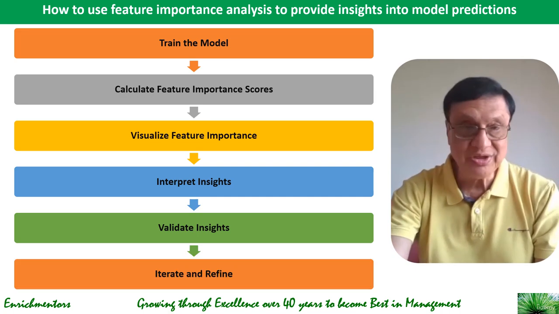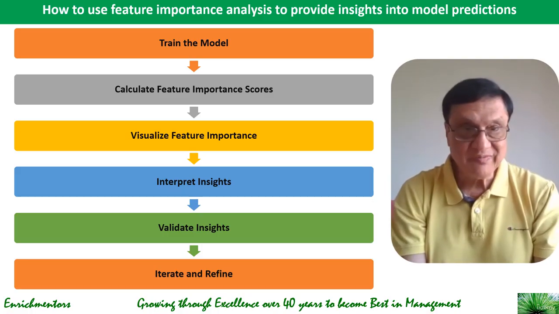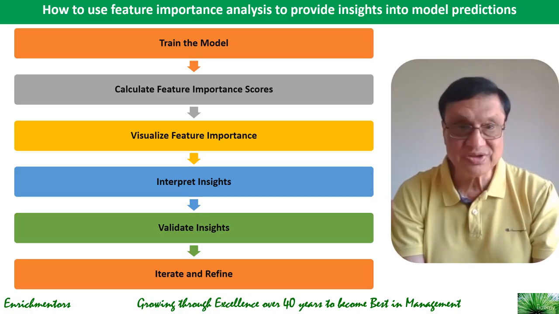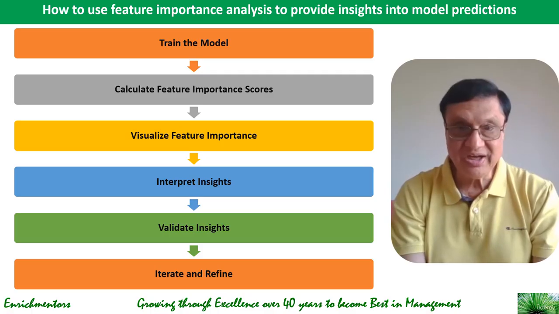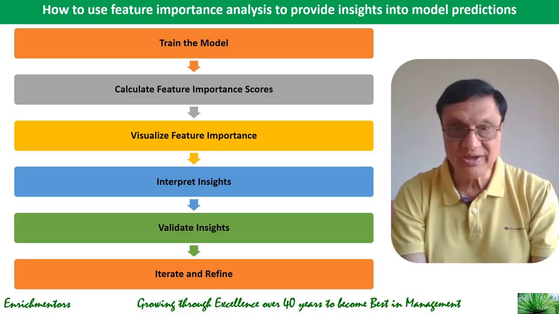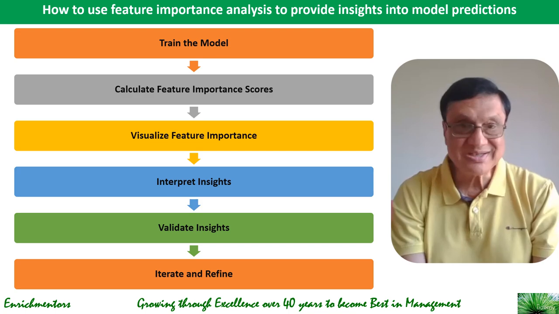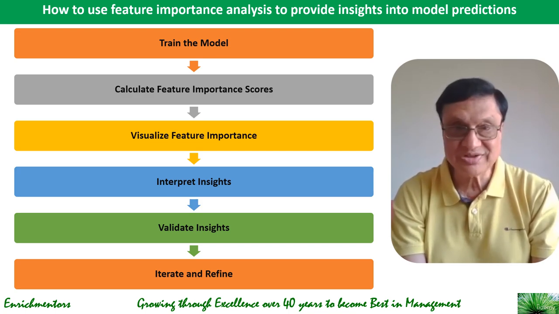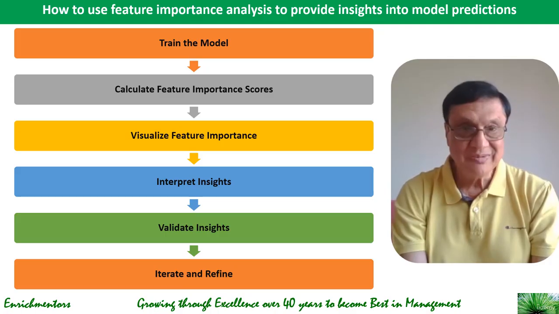And finally, you need to iterate and refine by using the insights gained from feature importance analysis to iteratively improve your model. This could involve feature engineering, which we will talk about in a separate section, selecting subsets of features or refining the modeling approach based on the importance of different features. By following these generic steps, you can leverage feature importance analysis to gain valuable insights into your machine learning model's prediction and improve its performance and interpretability.